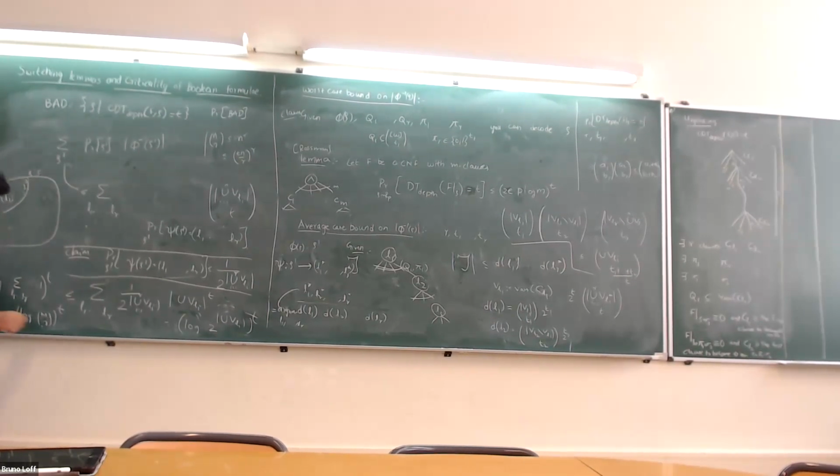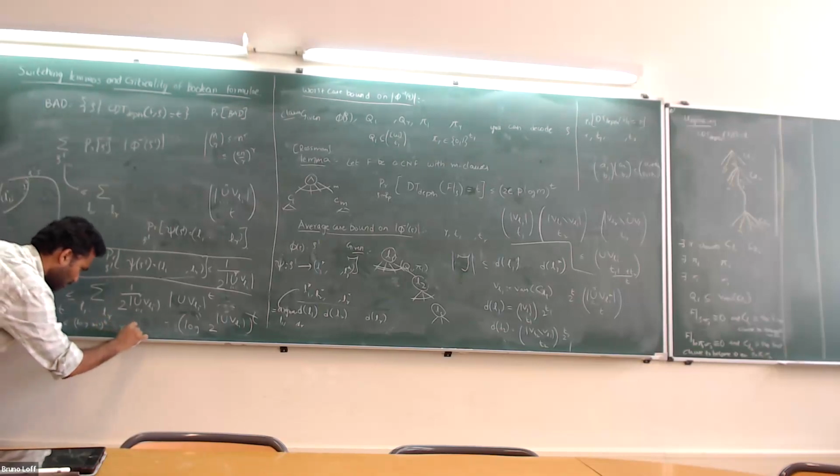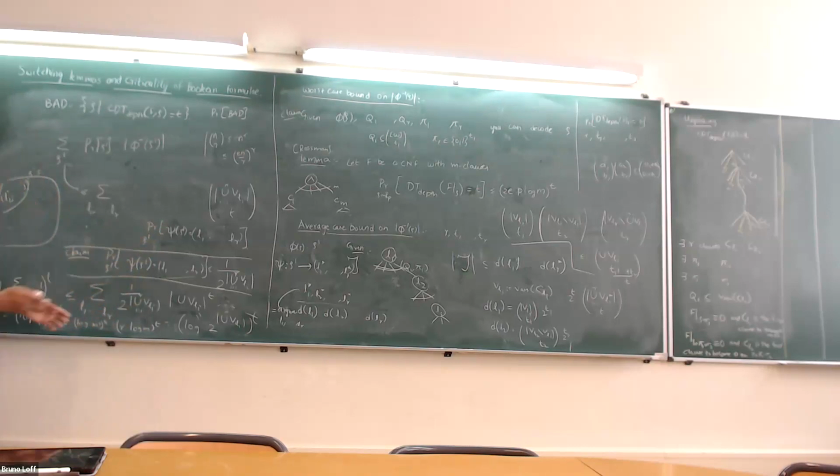Yes, because n choose R, that 1 by t is going to come to the rescue and kill this R.